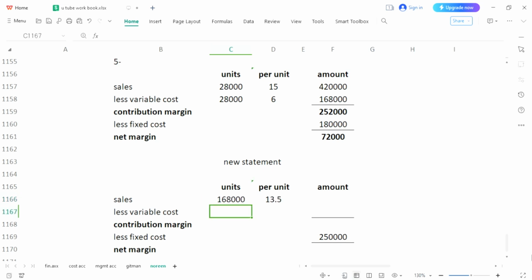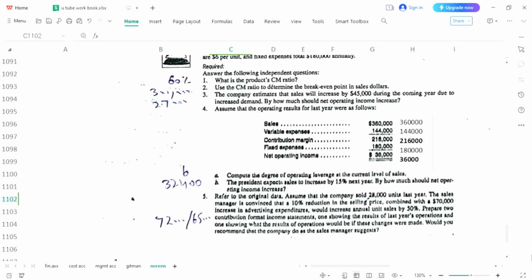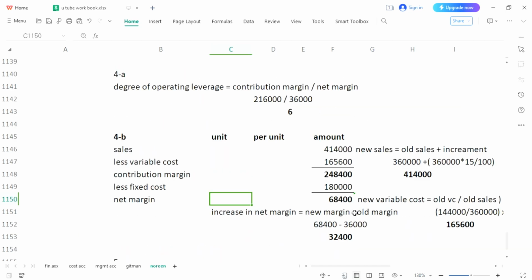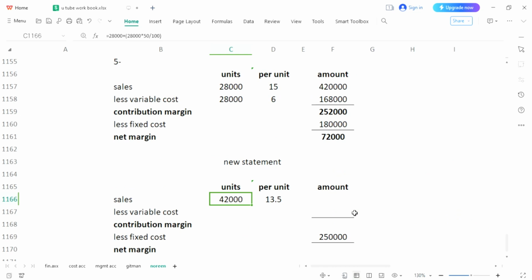In this way, your new sales units have arrived: 28,000 plus 50% gives 42,000 as the new units. And finally, units for sales would be the same as units for cost.